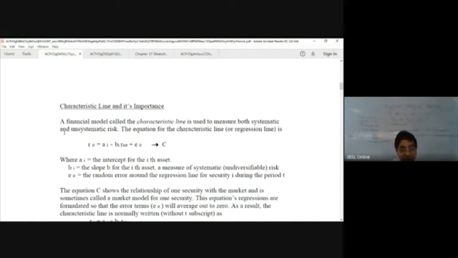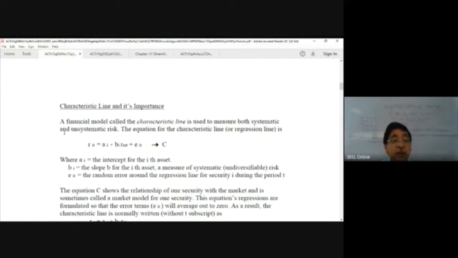I will show you what you mean by intercept. And BI is the slope for the ith asset, a measure of systematic risk. RMT is the market return. EIT is the random error around the regression line for security I during the period T.